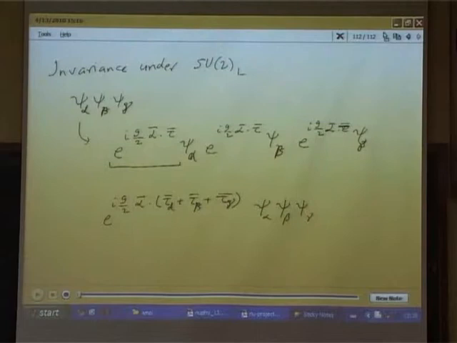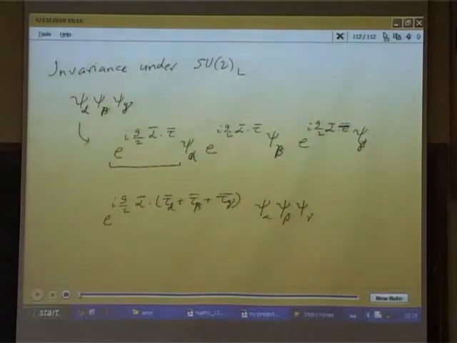Now you can look at the spin analogy. This is like an object with spin given by τ. So a doublet means a spin half object, and a singlet means a spin 0 object. So if it's a singlet, the value of τ is going to be 0.